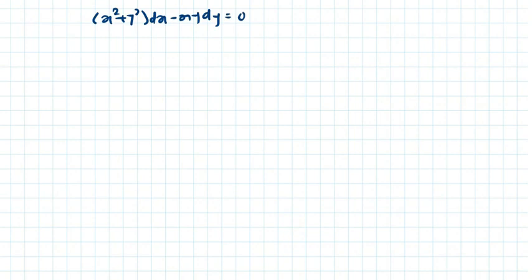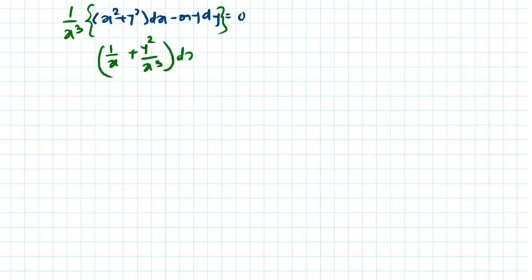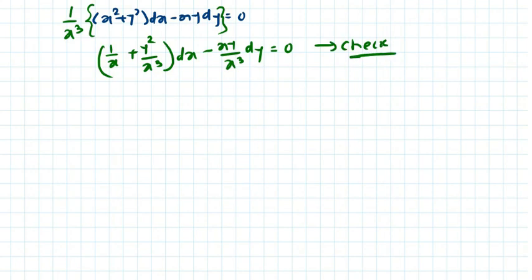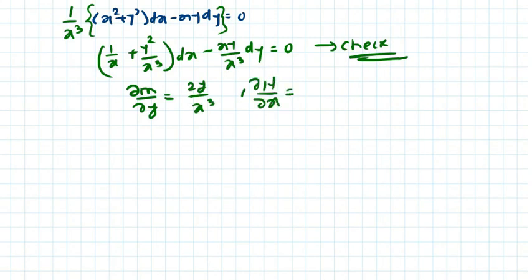Multiplying by its integrating factor, this will be (1 by x plus y square by x cube) dx minus xy by x cube dy. If you check for exactness, del M by del y will be 2y upon x cube, and for del N by del x, this x cancels with this x cube, again giving 2y by x cube. So this is now an exact differential equation.